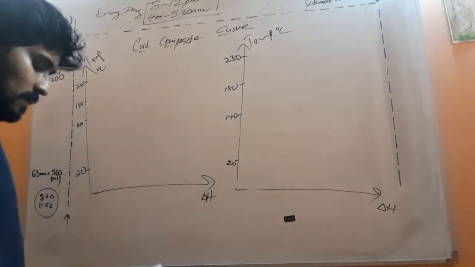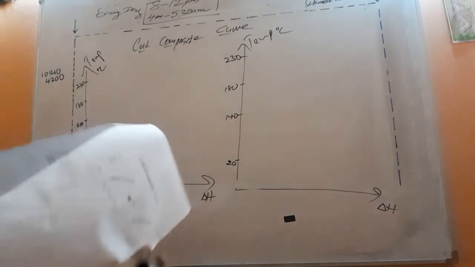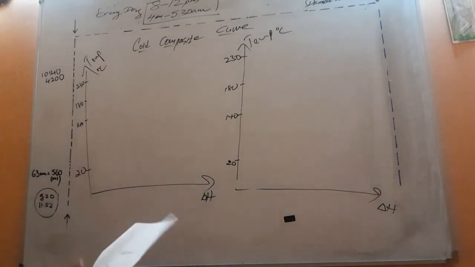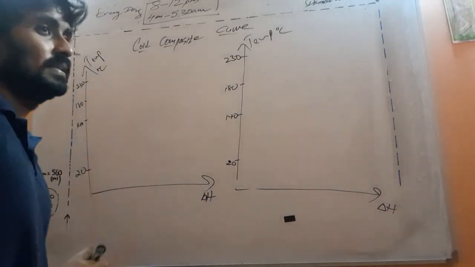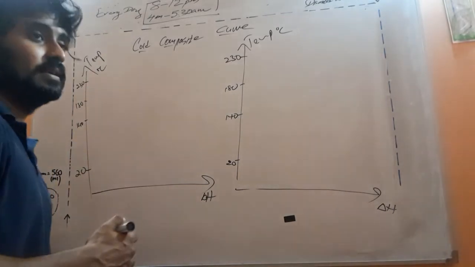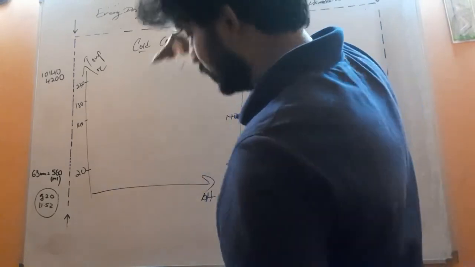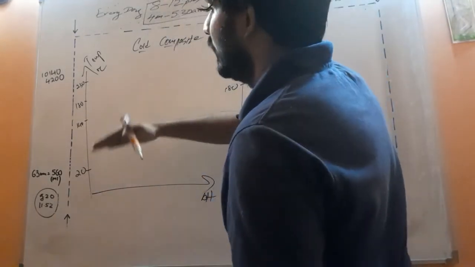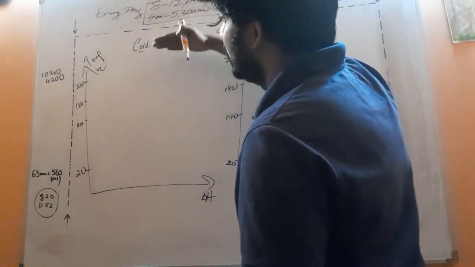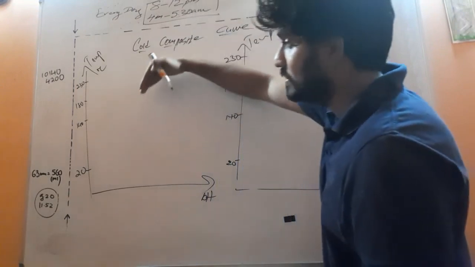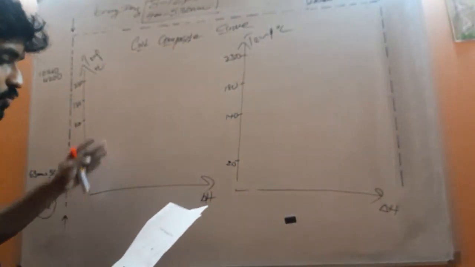Okay. Now this is the cold composite type. I think you can remember in the previous case the arrow started from the top side, directed from higher temperature towards lower temperature. But now in this case the arrow is directed from the lower temperature to higher temperature.